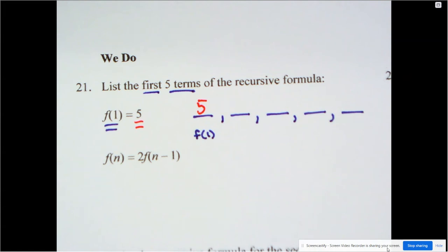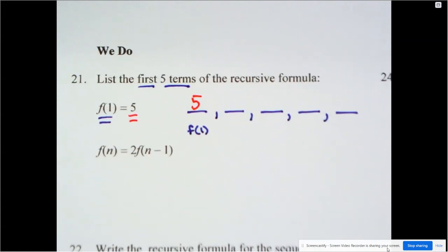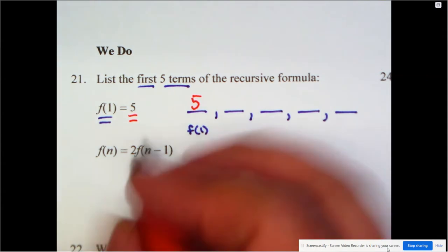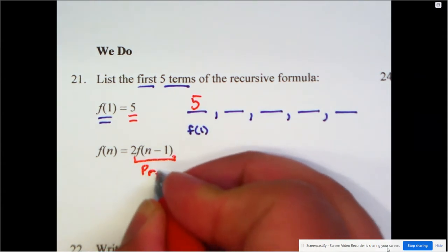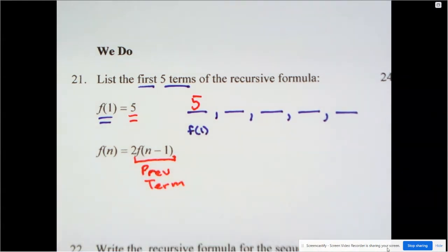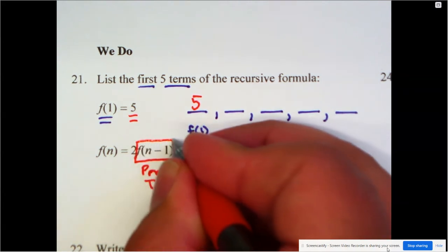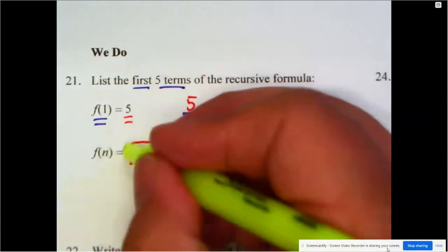Now, here was what we did in class with a question like this. The question was, what's the pattern? Now, if you look carefully, I know it says n minus 1. This stands for previous term. It represents the term from before, which means if this is the term from before, the 5 here, then there's only one thing they want you to do to it.